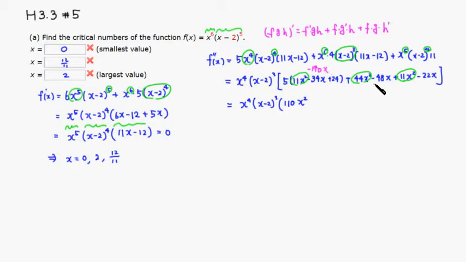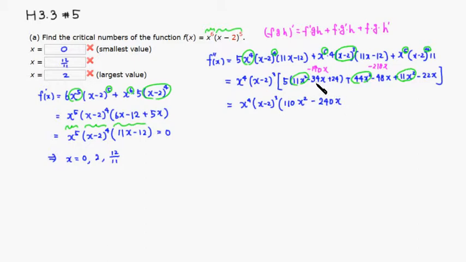And a minus 48x, so that would be negative 218x. And then you have negative 22, so that would be negative 240x.